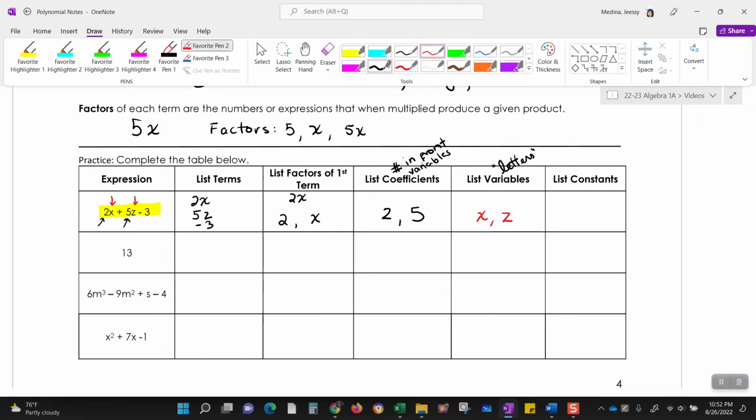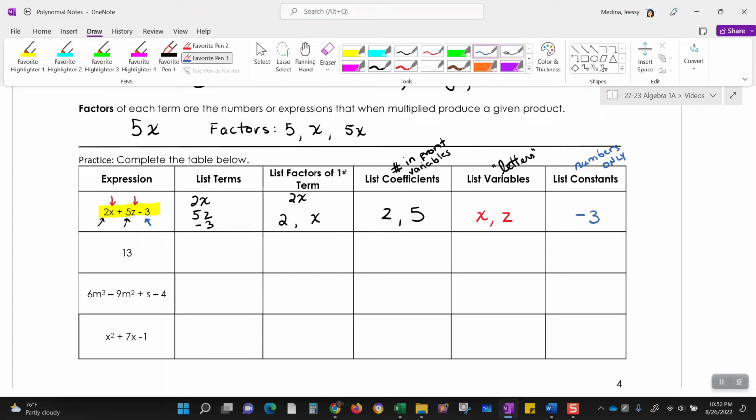And the constants are going to be the ones that don't have any variables. So this is numbers only. So in this case, it would be -3.